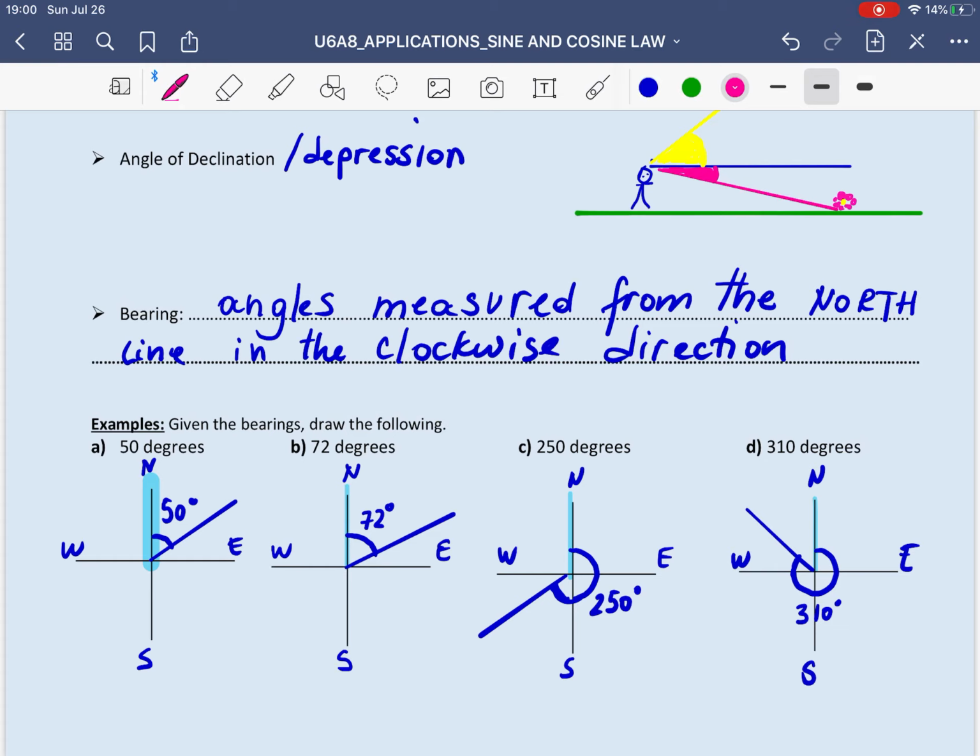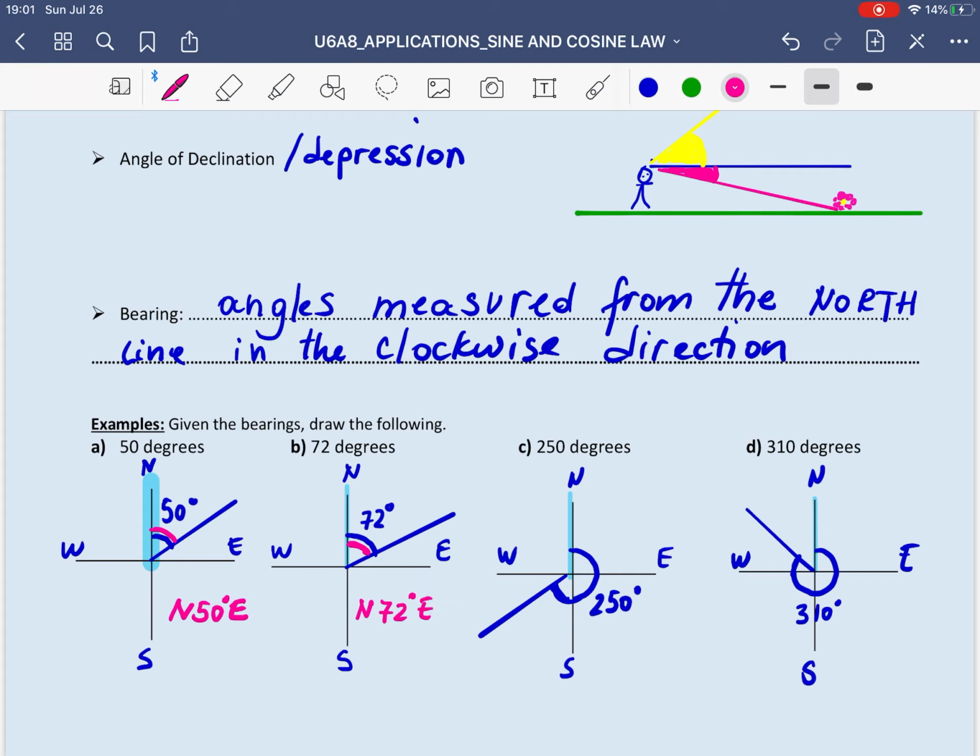What does that mean? So we can look at the 50 degree bearing as an angle that is measured from north going towards east 50 degrees. So you read it left to right. In the same way, we can describe this bearing of 72 starting from north 72 degrees going towards east.